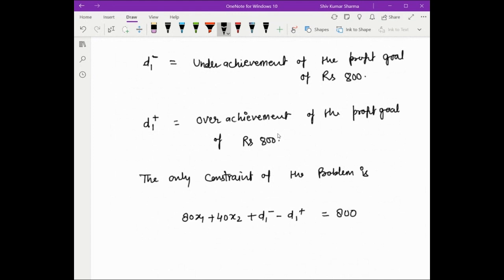We subtract the overachievement, because our target is only 800 rupees.